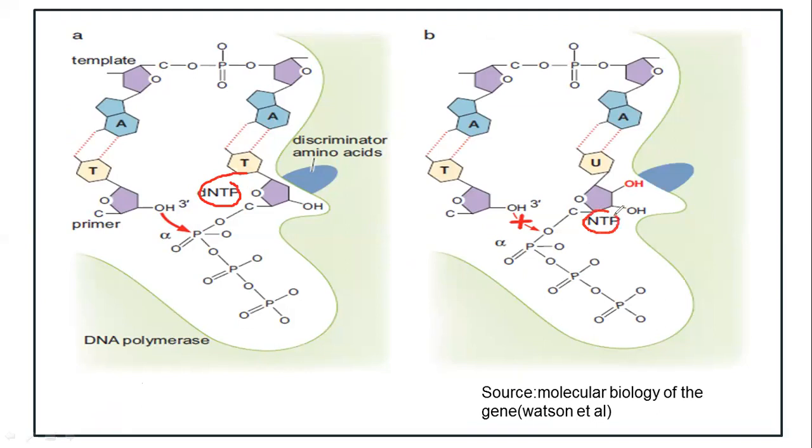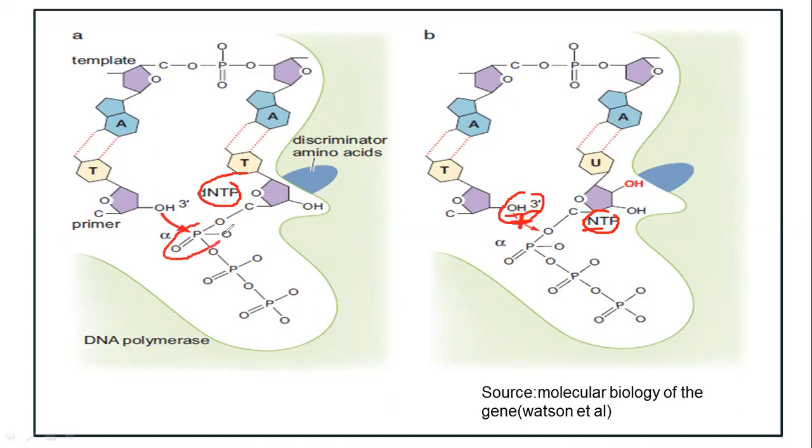You know that a primer is required, and the primer provides the 3' hydroxyl group. The 3' hydroxyl group reacts with the alpha phosphate, the 5' phosphate, of the incoming complementary nucleotide.